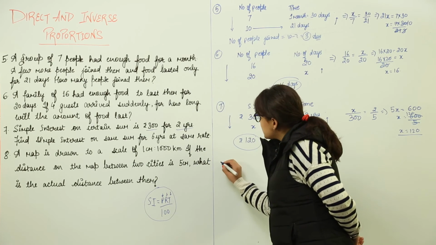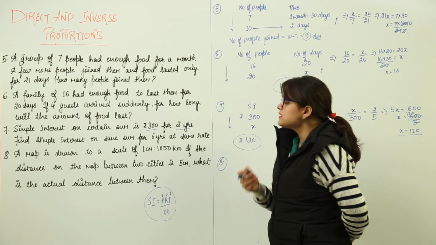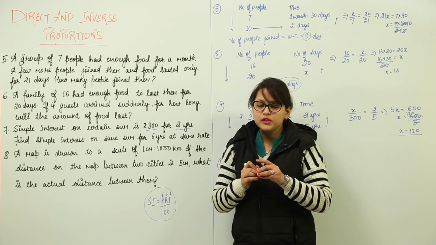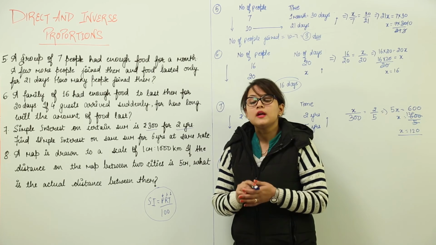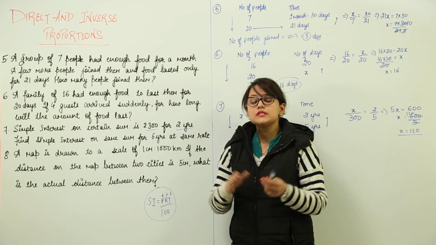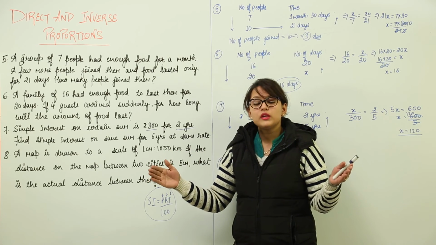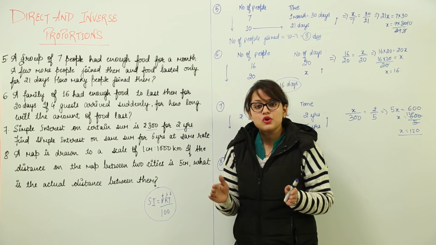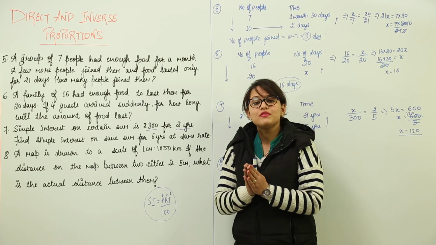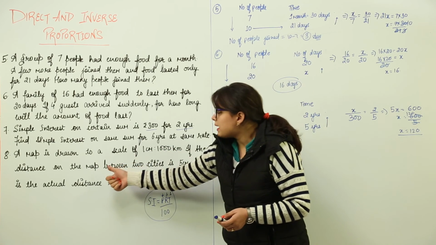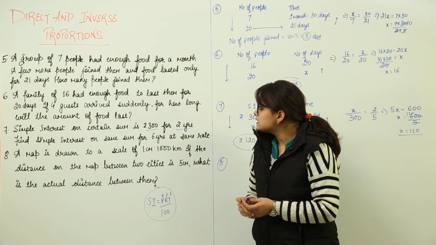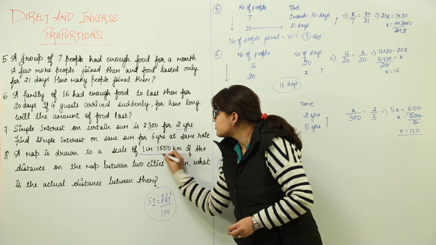The next question says that there is a map. First of all, we know that a map represents the geographical location, right? And we understand that because the distances are so large, we cannot represent them on a single piece of paper. So what we do is we actually take their ratios. That means a map is drawn to a scale of 1 centimeter is to 1000 kilometers.